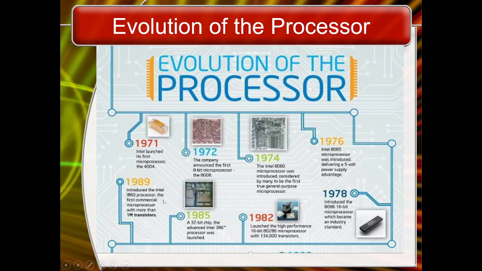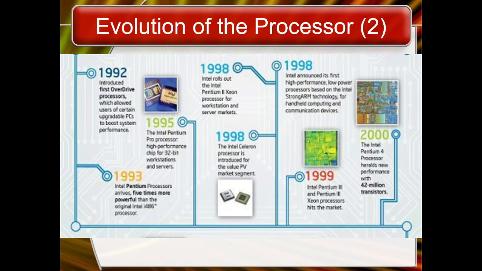In 1989 it was the Intel 486 processor. In 1992 came the first OverDrive processors, which allowed users certain upgradable PCs.